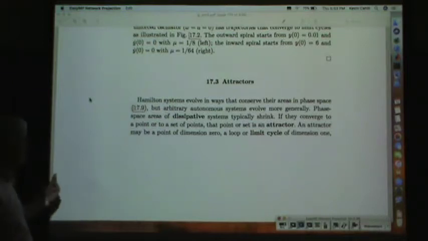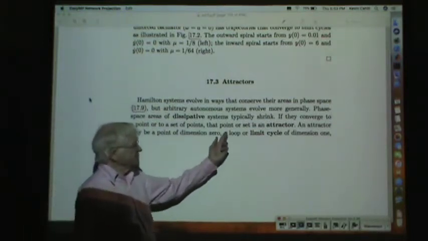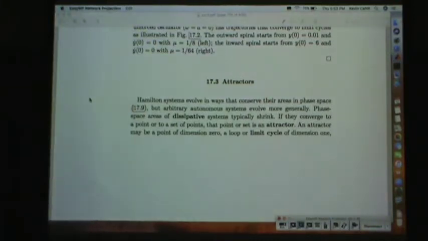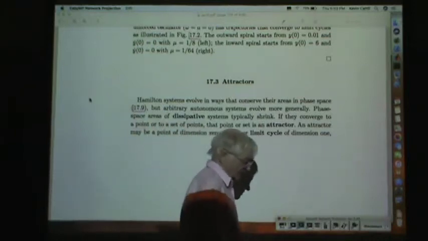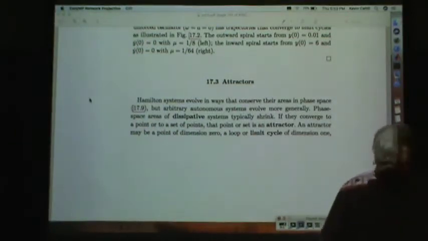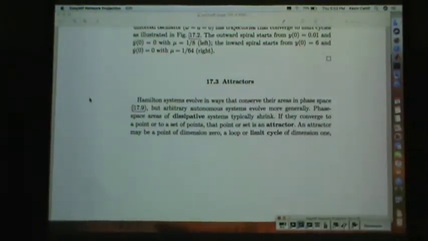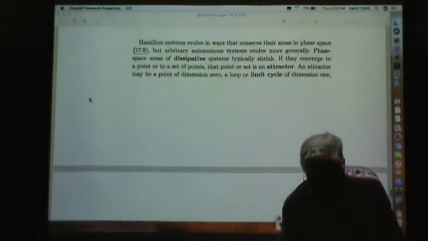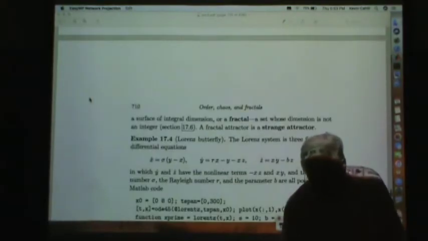If they converge to a point or a set of points, that's called an attractor. An attractor may be a point that has dimension 0, it may be a loop, or a limit cycle, which would have dimension 1, but it can be more general than that.